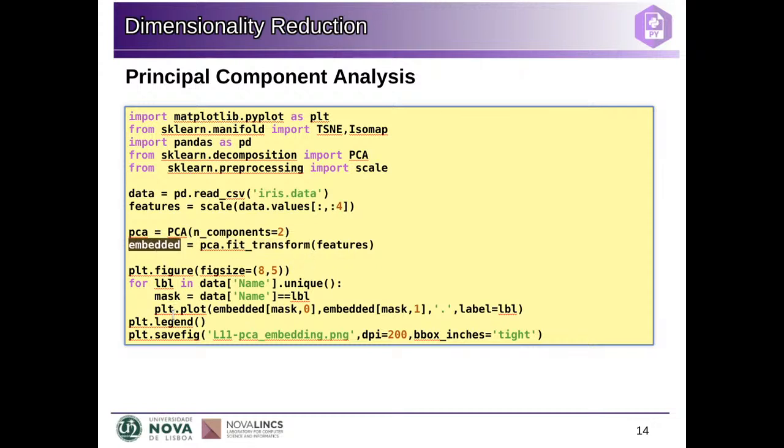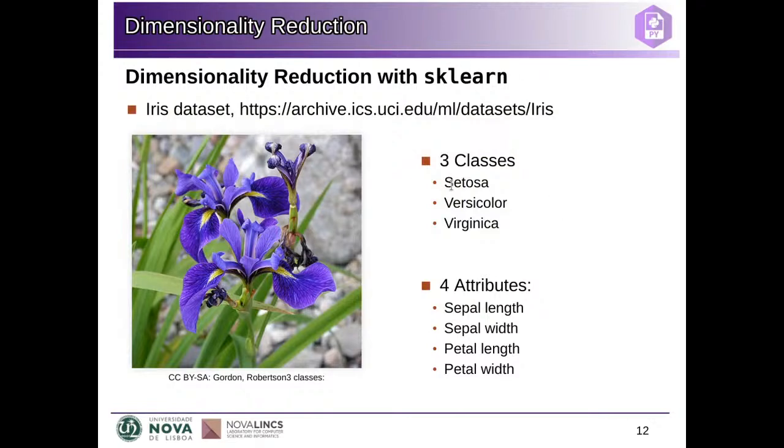So now I can plot this, and this is simply I'm plotting the data I have in the 2-dimensional space in this embedding by looping through all the different labels I have in my data frame. So I'm using the unique there on the name column, and this gives me the 3 unique values here, which are the names of the 3 different types of flowers.